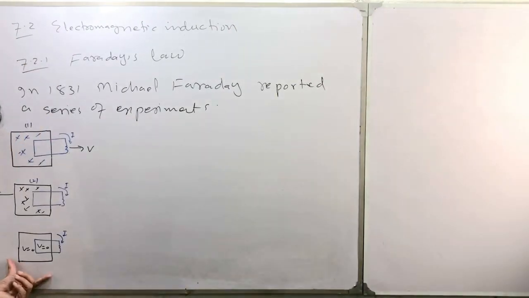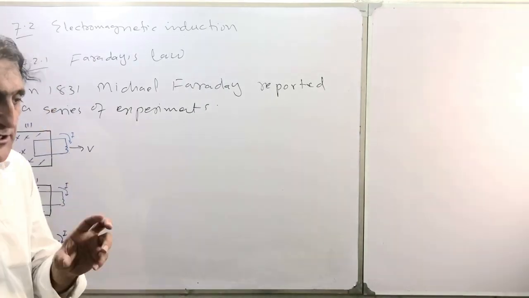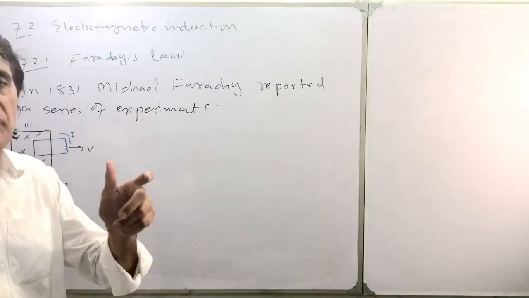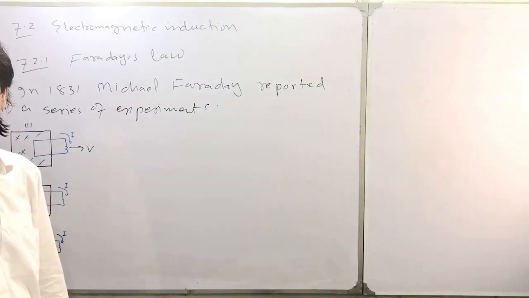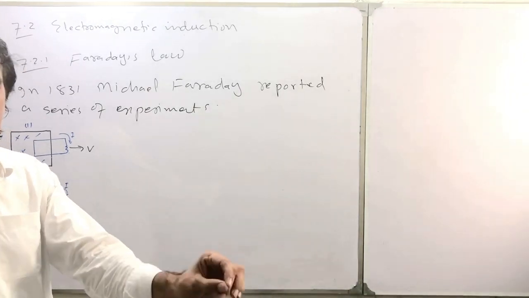In the third one, the loop and the magnetic field are not in motion, they are in a static position, but they changed the strength of the magnetic field, and they observed the same EMF.